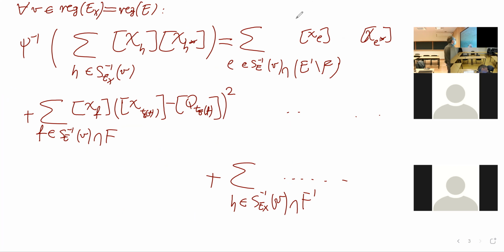And then I simply have to write the class of chi f star. All right? And now we have the third sum. Again, I'll push it to the left. So what notation do I use?